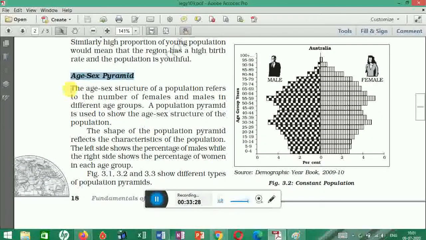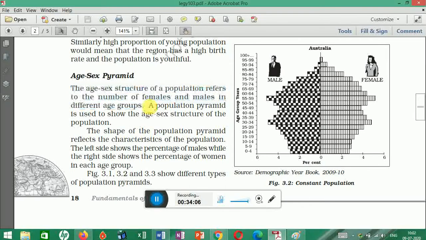The age-sex structure of population refers to the number of females and males in different age groups. In a particular age group, say for example between 10 to 14 years, how many females are there and how many males are there. That is what we call age-sex structure.